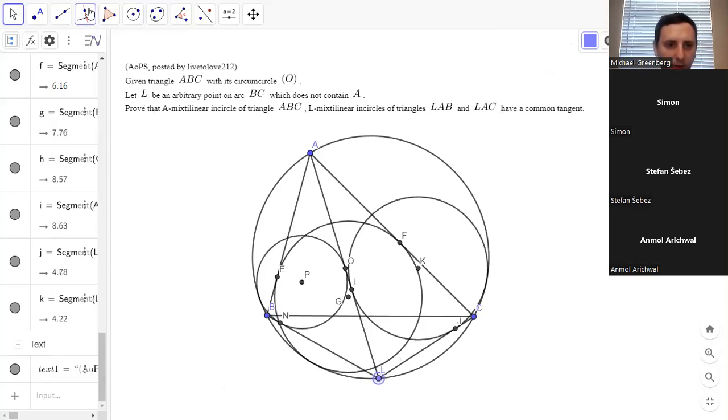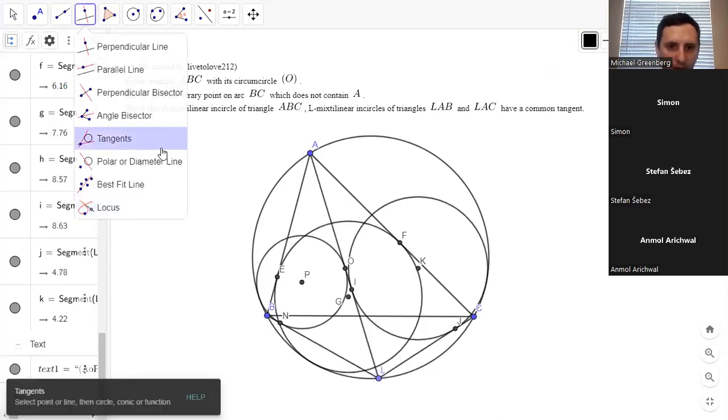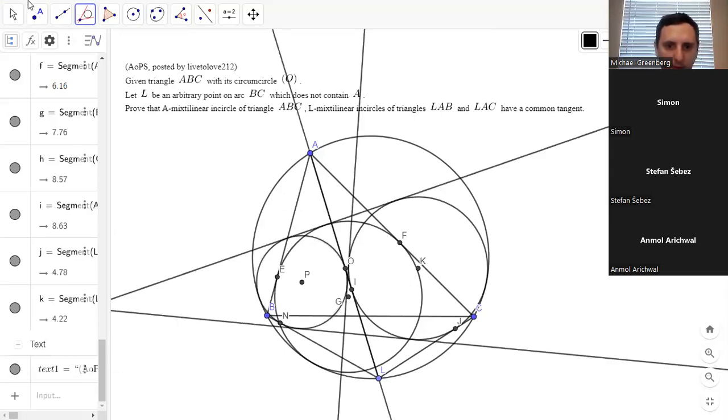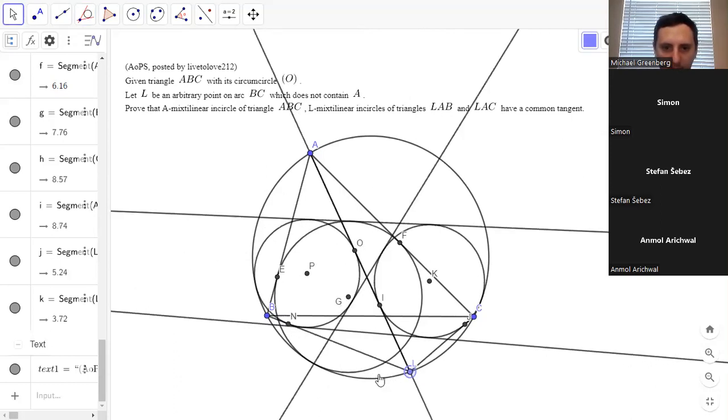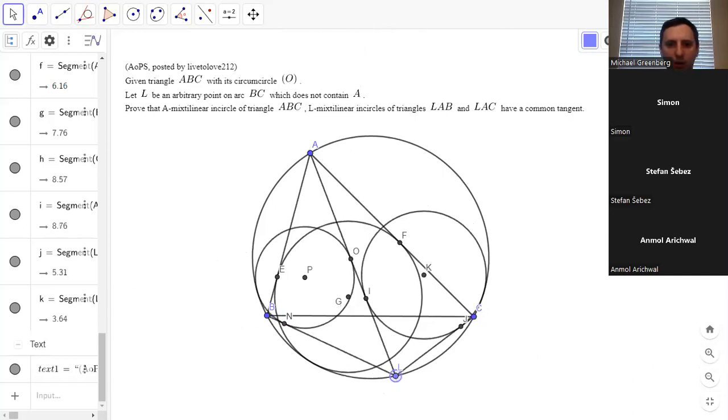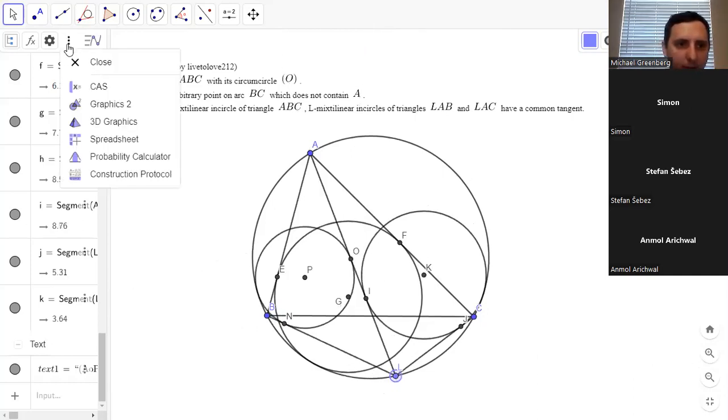So I'll just draw it just to see. But yeah, so it's true. You can see that common tangent up there, this one. All right, so that is the problem.